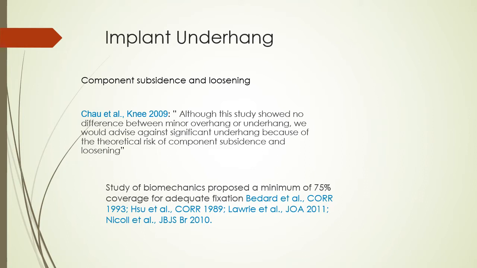Once we have insufficient coverage of the bony resection surface by the implant, you can certainly think the implant will put a lot of stress on limited areas. Those stress-raised areas would cause subsidence and loosening, a fixation problem for the surgery. So we do not want excessive underhang either.